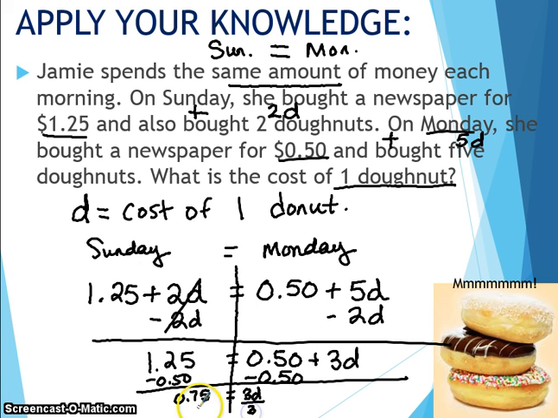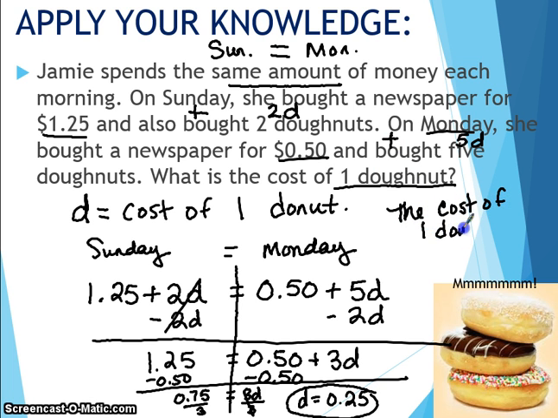Divide each side by 3. I get 1 donut, or D, is equal to 25 cents. 75 cents split 3 ways is 25 cents. So I can restate my answer. The cost of 1 donut is 25 cents.